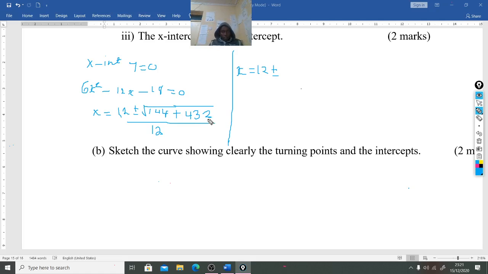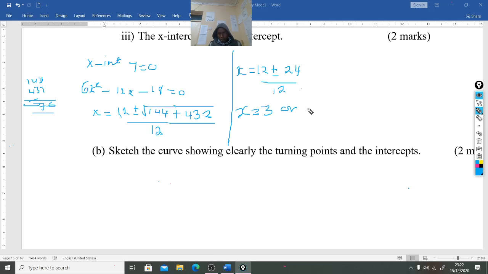If you add 144 plus 432, you get 576. The square root of 576 is 24. So 24 all over 12. Adding gives 36 over 12, so x equals 3.